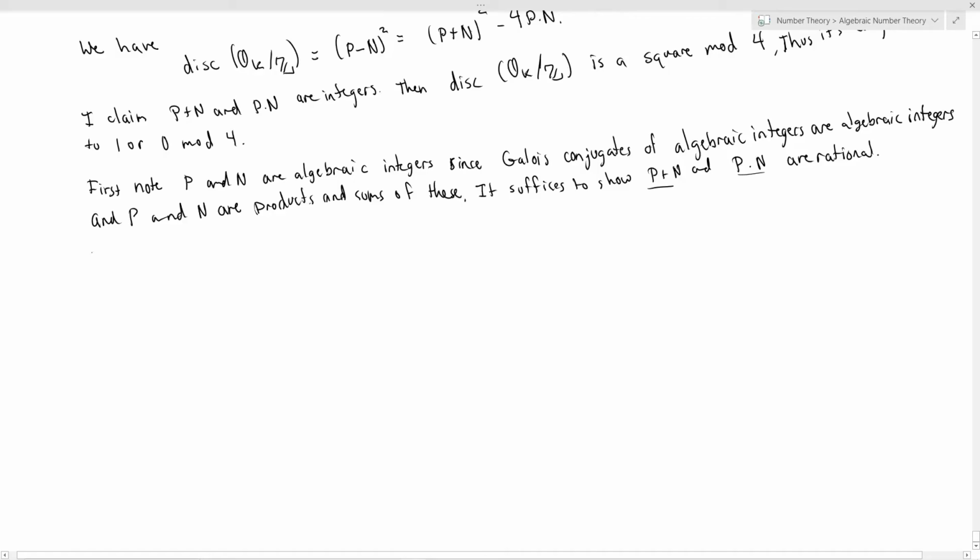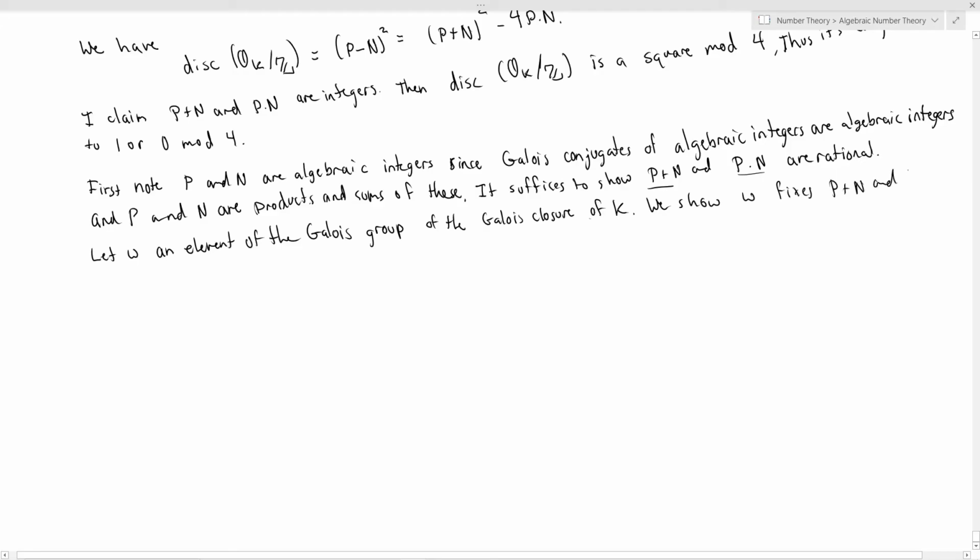So we're going to start with omega, an element of the Galois group of the Galois closure of K. To show P plus N and P times N are rational, it suffices to show that omega fixes P plus N and P times N.